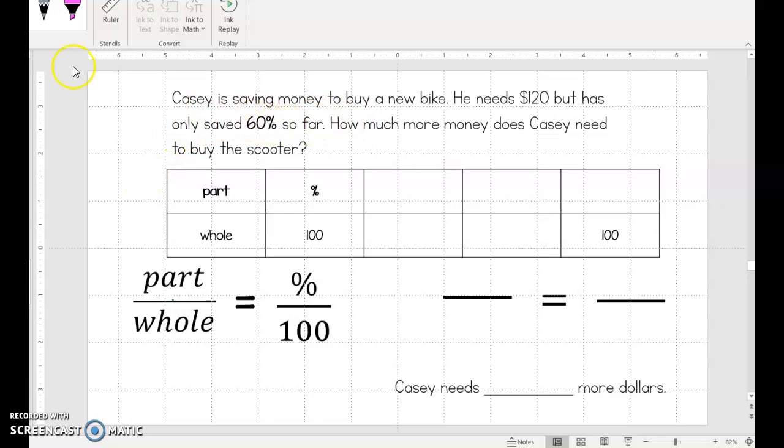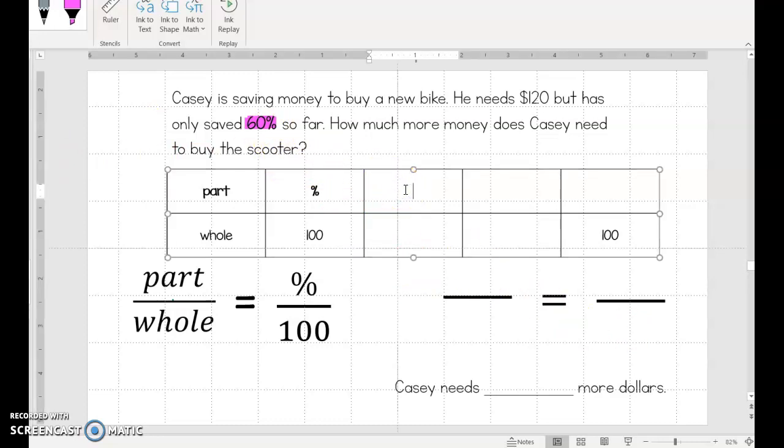So first, let's find what this 60% represents. Let's find that first. So my part, let's type that in. The part is how much money he has saved, because he has only saved 60% so far, and the whole is the total amount of the scooter.